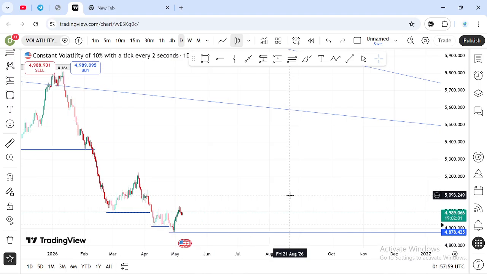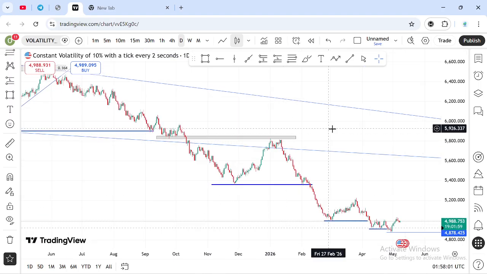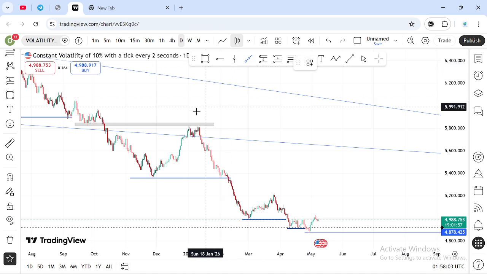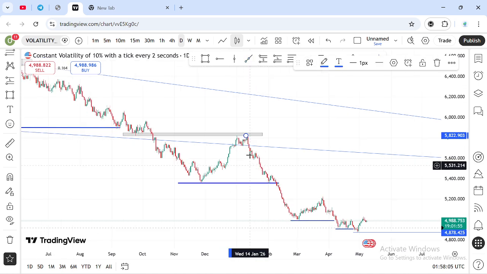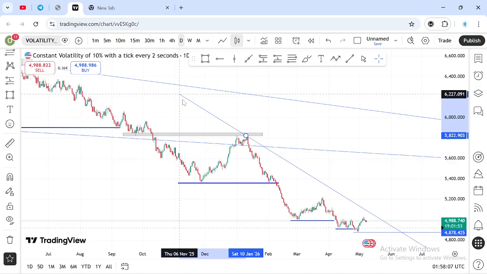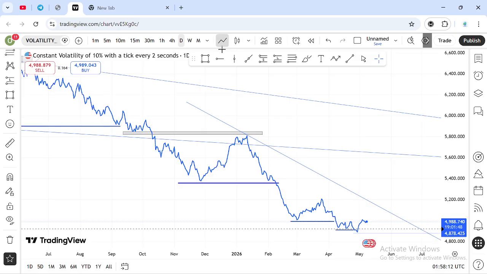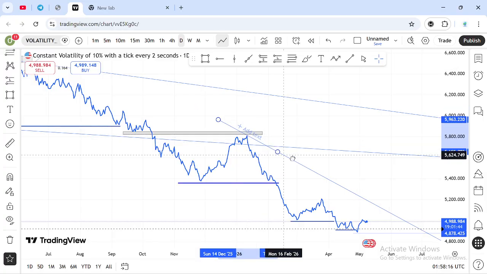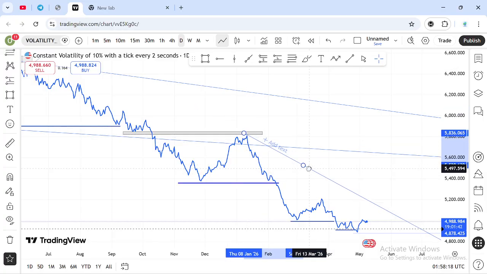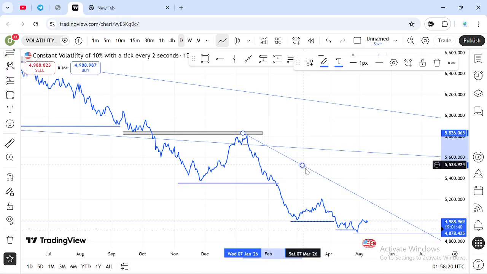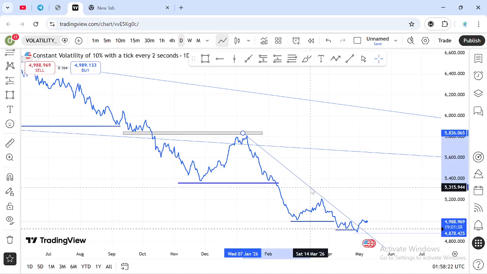Let's see what we're going to connect from this new retest. So let me select line graph. I would adjust it. Let me just select.